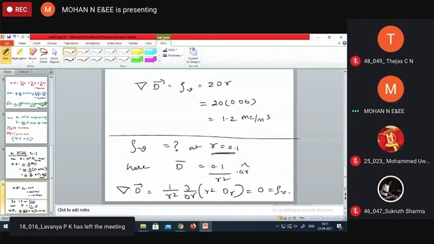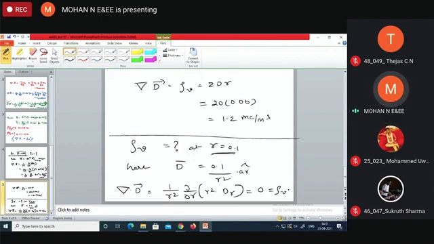Therefore, the charge density is 0 for r equal to 0.1 meter. For radius greater than or equal to 0.1 meters, the charge density is 0.